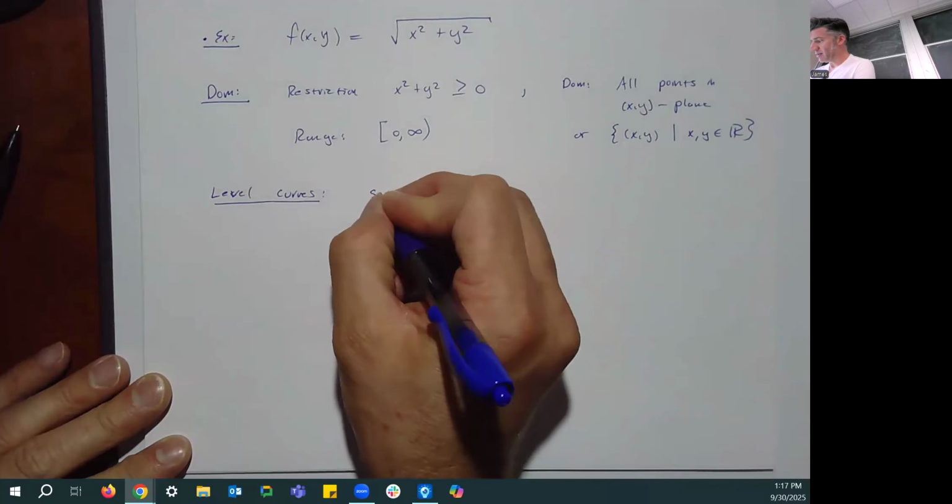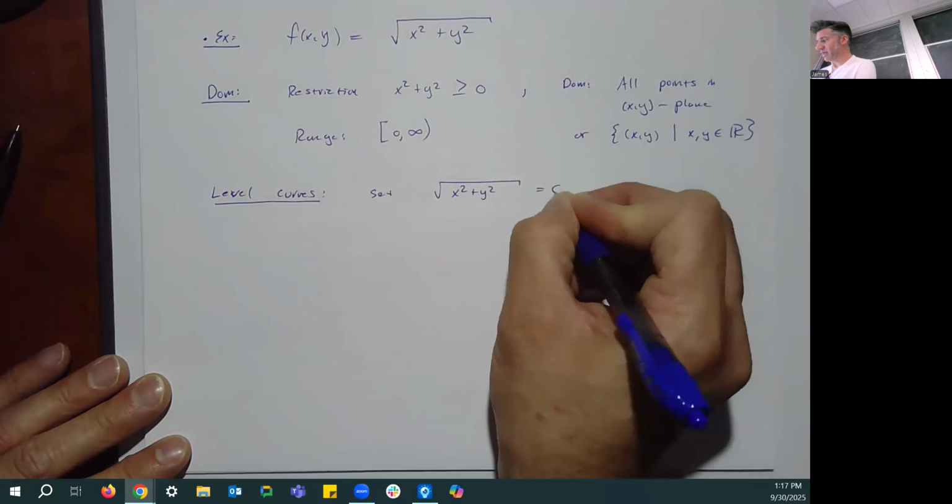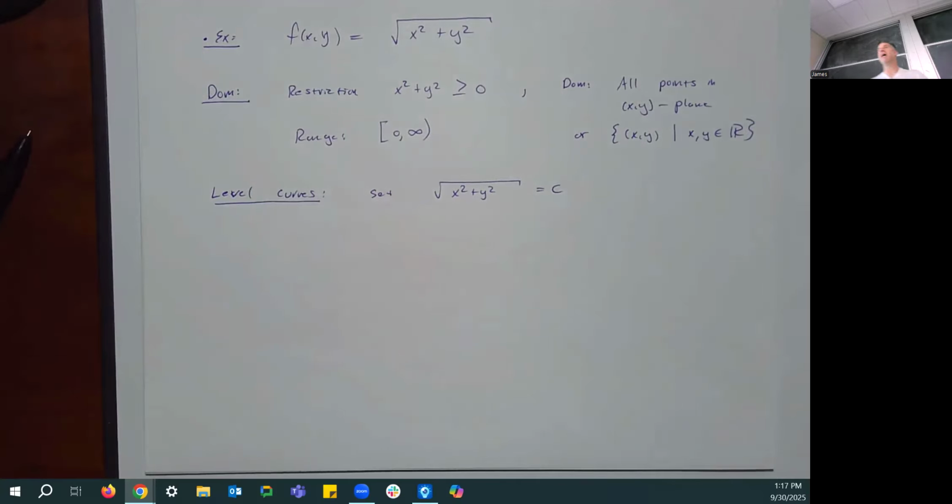So if we set the square root of x squared plus y squared equal to a constant, I'll remind you of something I said last Thursday, which is that when you're trying to figure out what your level curves are, you either want to isolate x squared plus y squared if you have it, or if you don't, try to isolate y. And if you can't isolate y, then try to isolate x. So you either want to write y as a function of x, or less good but still plausible, x as a function of y, or if you've got it, x squared plus y squared equal to something.